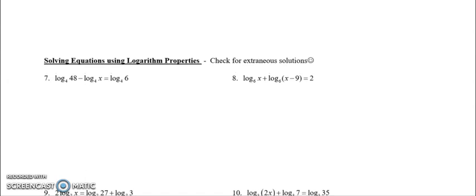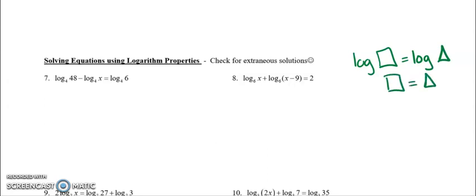Solving equations using logarithmic properties. All right, so we've solved some log equations where we got log of something equal to log of something else, and then we said, well, what you're taking the log of, those have to match, and we would solve those. Okay. If we look here, we don't have just one log over here, we have 2 logs. So we need to smush that back together.